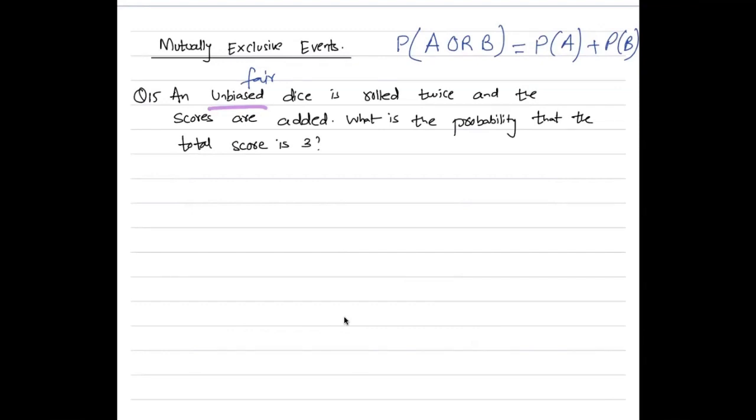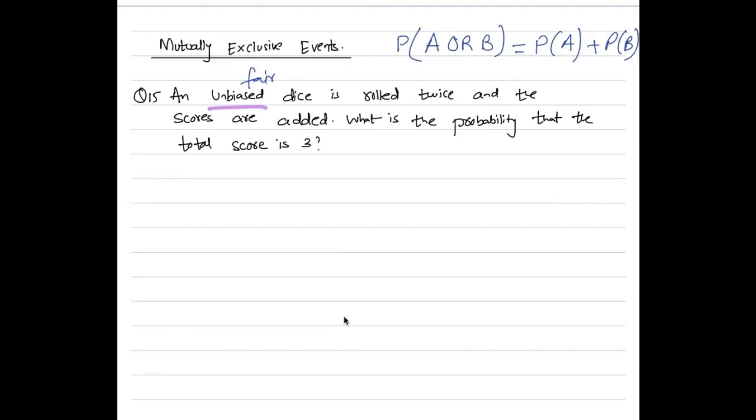Okay, how can you get a total score of 6? Sorry, the total score of 3. My bad. The total score, you need the total score of 3. And there are 2 dice.